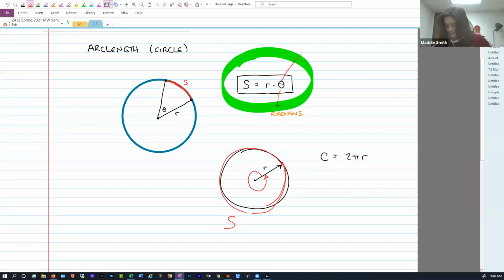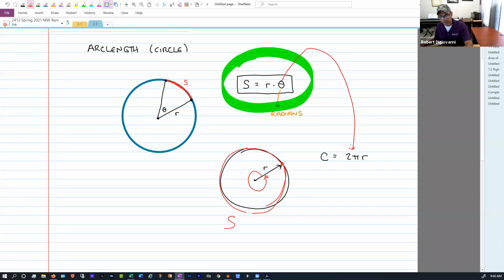So what would happen if you replace that theta with 2 pi? You get 2 pi r, right? So this is a more general formula: you can find the distance all the way around, which would be the circumference, or you can just find a little piece of it. It's up to you.